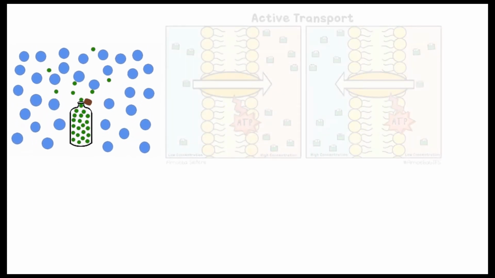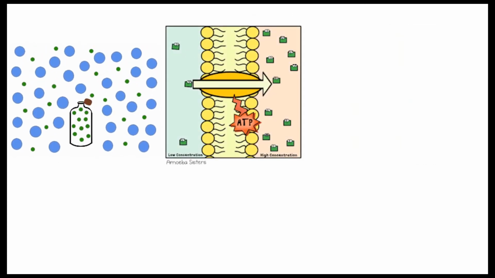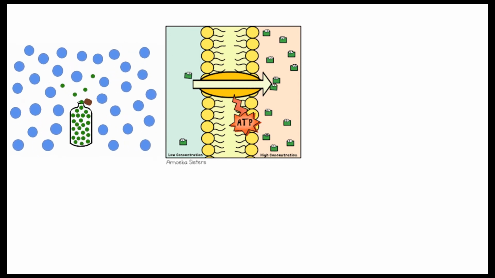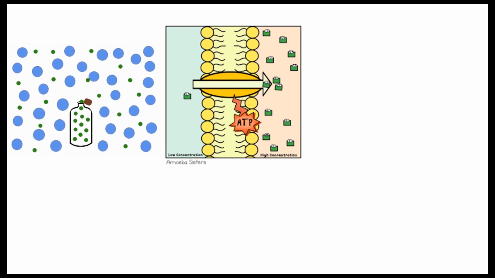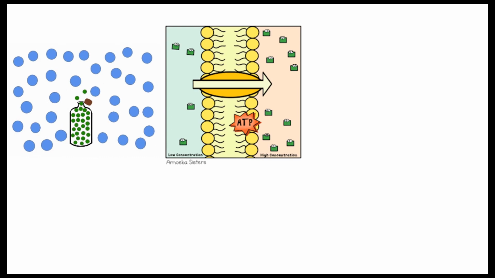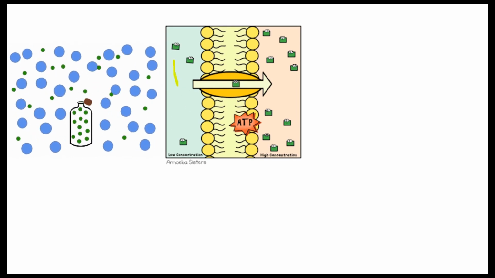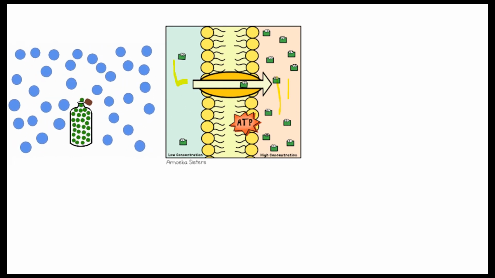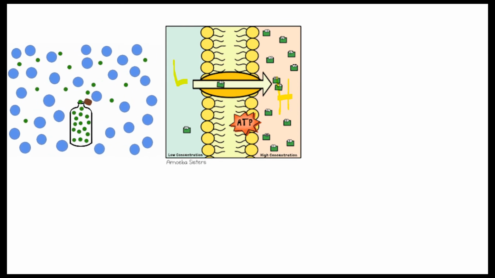But to summarise, we've looked at diffusion. This is where molecules diffuse from an area of high concentration to a low concentration. We've looked at active transport. Active implies energy use, and this is where molecules are taken against the concentration from an area of low concentration to an area of high concentration.